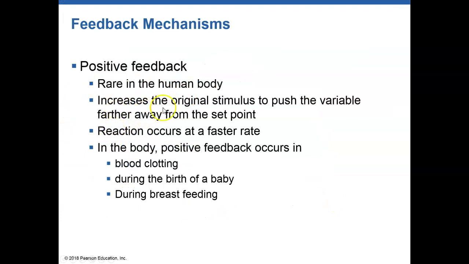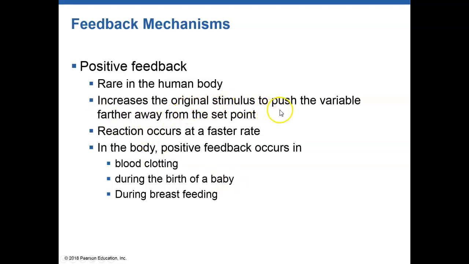Positive feedback is much more rare. There are a few mechanisms in the body that do use positive feedback. Blood clotting, breastfeeding, and labor are all positive feedback mechanisms. And what they do is it increases the original stimulus.